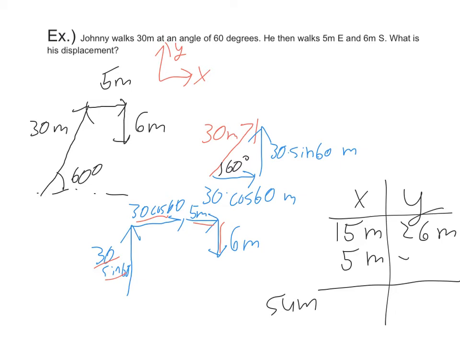I would need to make that negative since it's pointing in the negative y direction. The last thing I will do from there is add together all my x's. So 15 and 5 gives me 20 meters in the x direction. And 26 meters plus a negative 6 meters gives me 20 meters positive in the y direction.